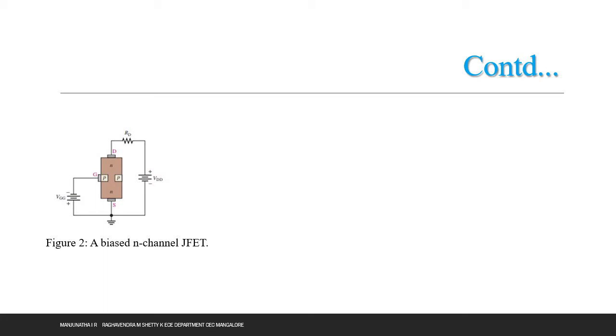Coming to VDD, the positive terminal is connected to the drain, and the negative to the source. From VGG, the negative terminal is connected to the gate and the positive terminal is connected to the source. So VDD is connected between the drain and source, thus VDS. VGG is connected between the gate and source, thus VGS.